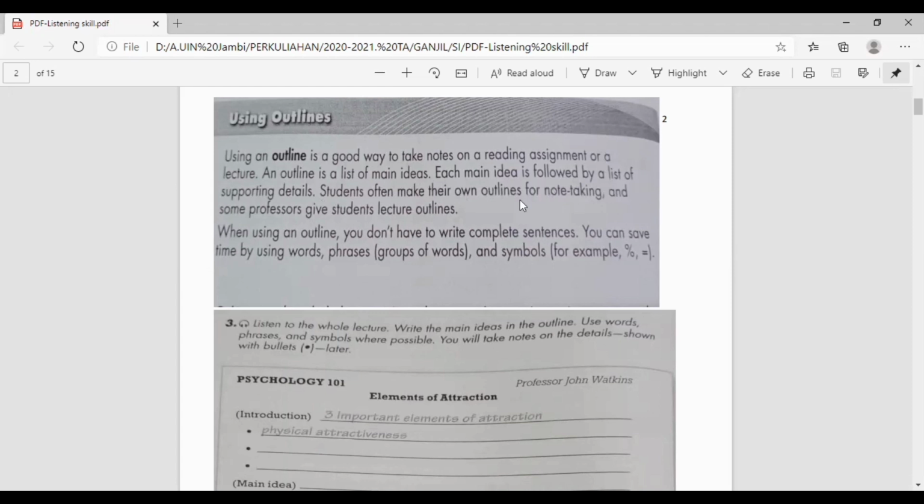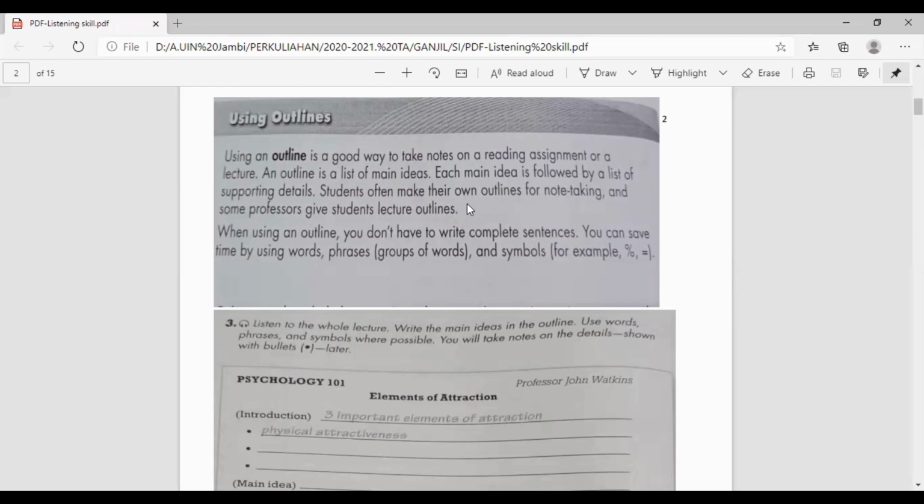Students often make their own outlines for note taking, and some professors give students lecture outlines.